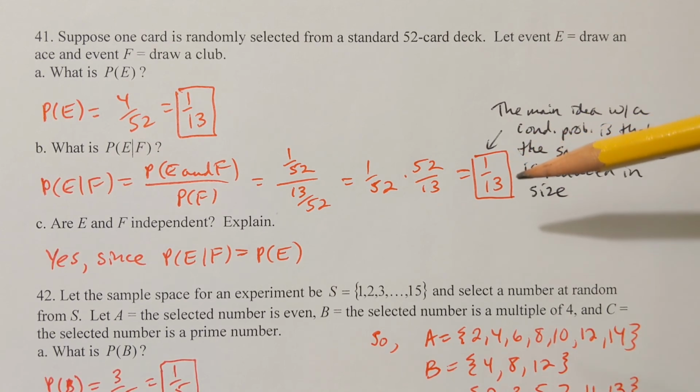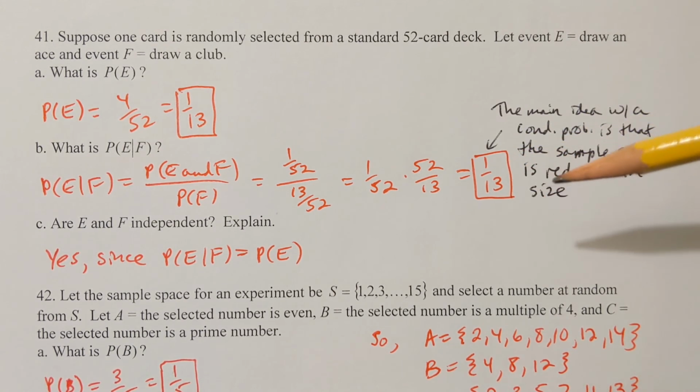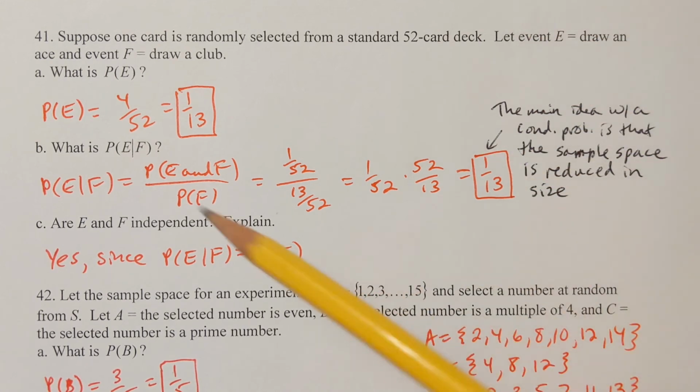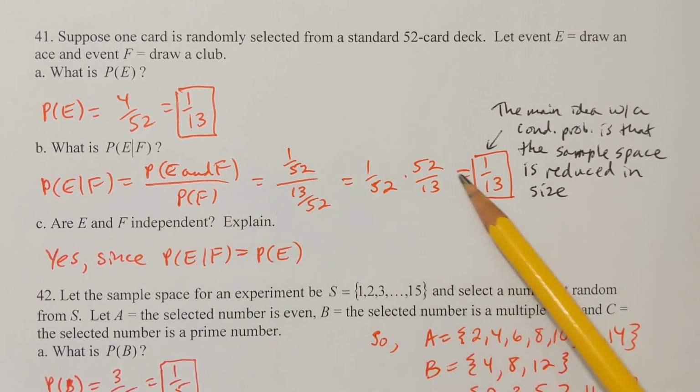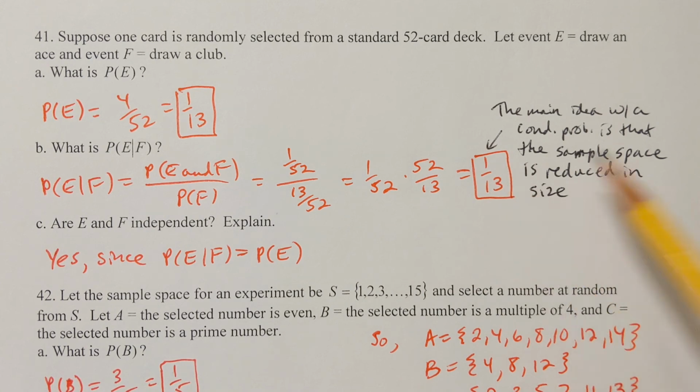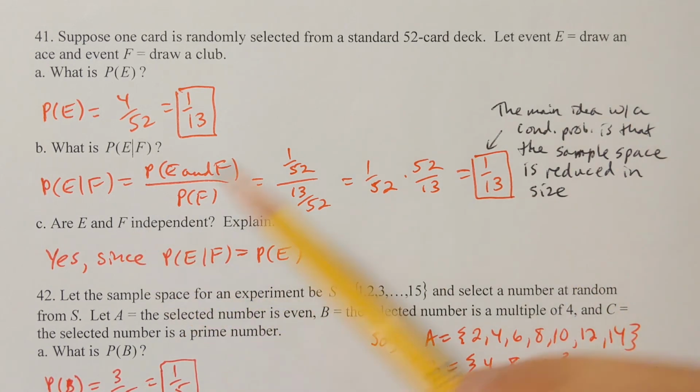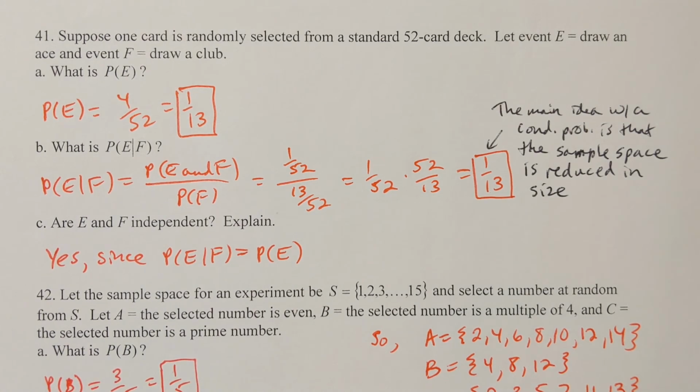Well, only one of them is going to be the ace, right? So 1 over 13 would be the answer. So, I could have skipped all this and just gone right to the answer, 1 over 13. Okay, so the main idea with a conditional probability is that your sample space is reduced in size.